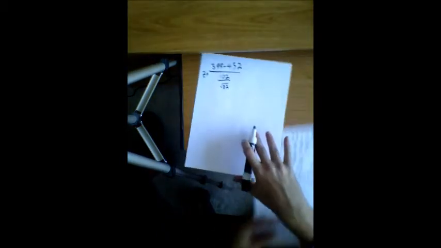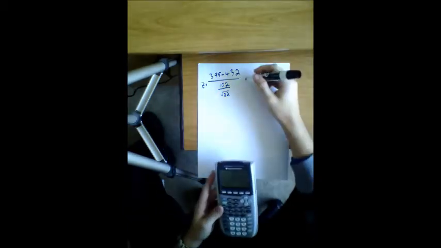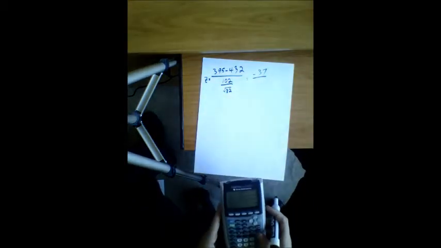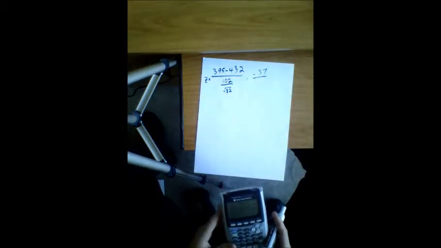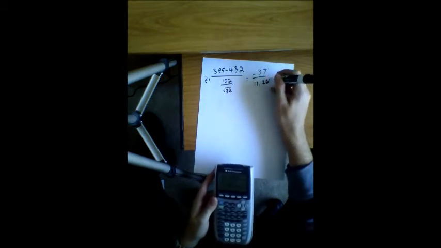So continuing on, let's see what this gives us. It gives us 395 minus 432, negative 37, all divided by 102 divided by the square root of 82, which is 11.264.